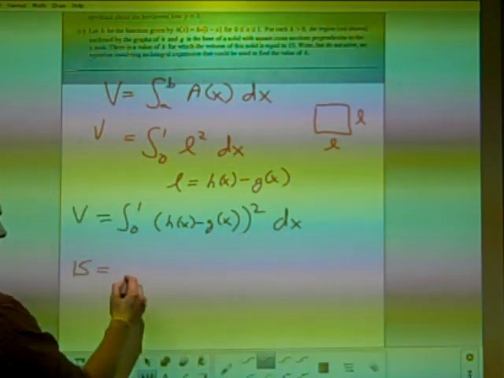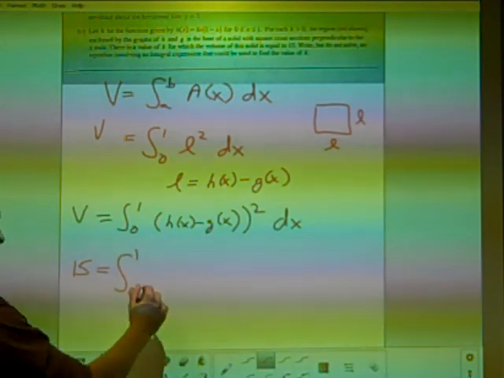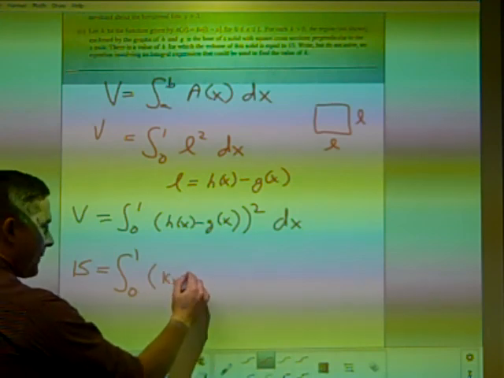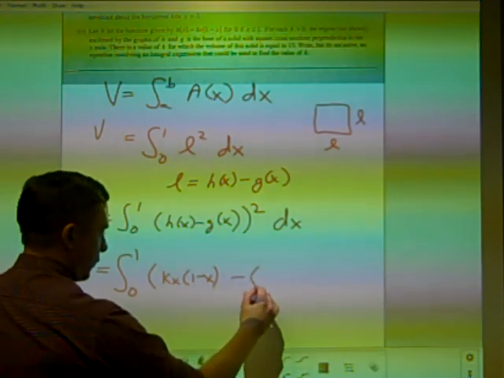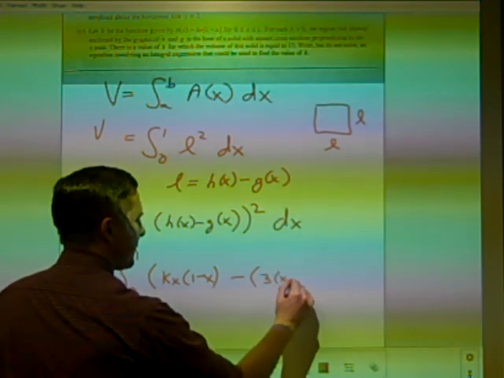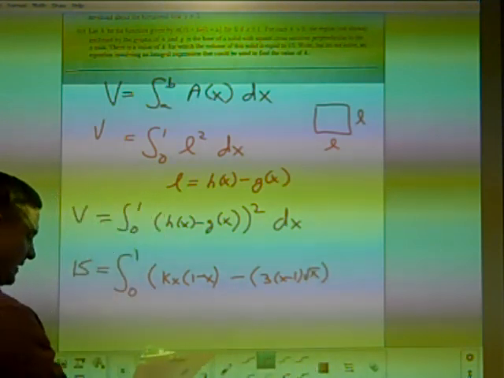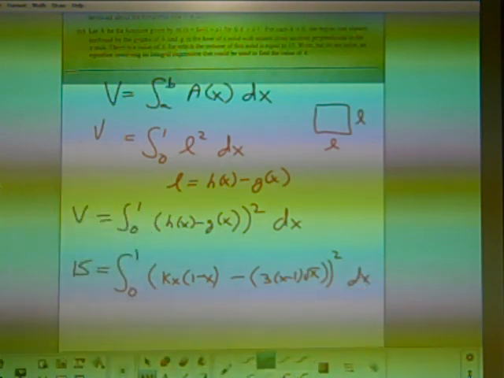So here I go. I know it's 0 to 1. H of x, they told you, is k of x times 1 minus x. And then it told you g of x was, and I'll put that in parentheses to make sure it distributes, 3 times x minus 1 times the square root of x. That didn't change. You guys agree? That whole quantity squared, dx.